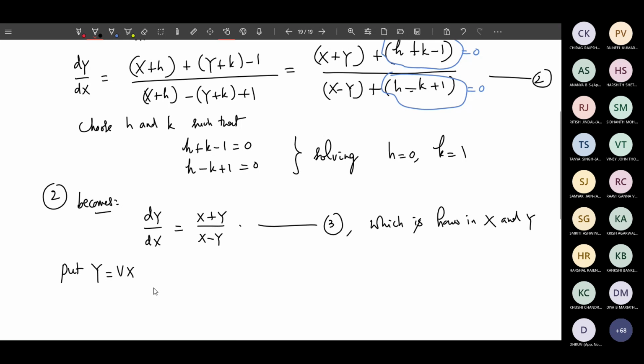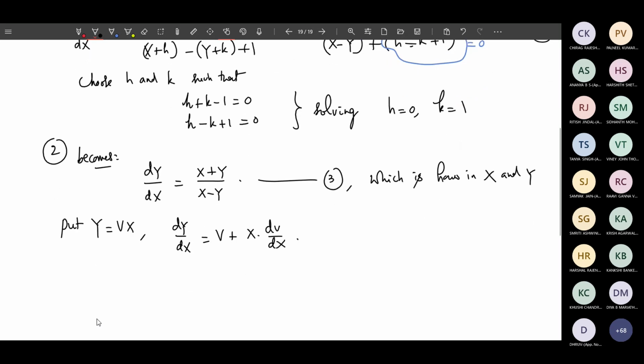Now put y equal to vx, so that dy by dx is, by the product rule, v plus x times dv by dx. So 3 becomes: left-hand side, I'll replace with v plus x times dv by dx.